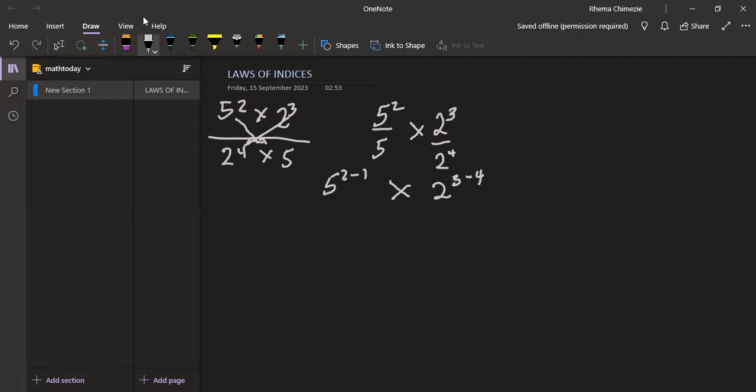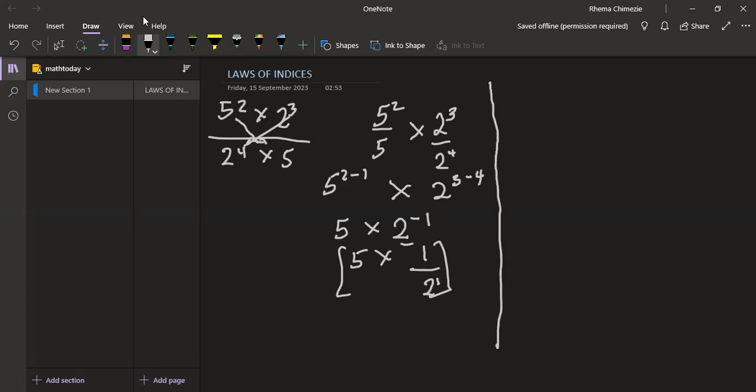At the end of the day, we're going to have 5 raised to power 1, or just 5, then 2 raised to power minus 1. This is as good as writing 5 times 1 all over 2 raised to power 1. But don't worry, we'll soon get to the negative index. That is just the first application of the rules we learned.